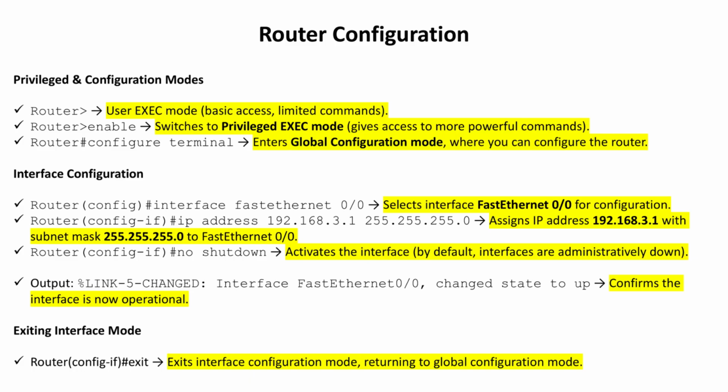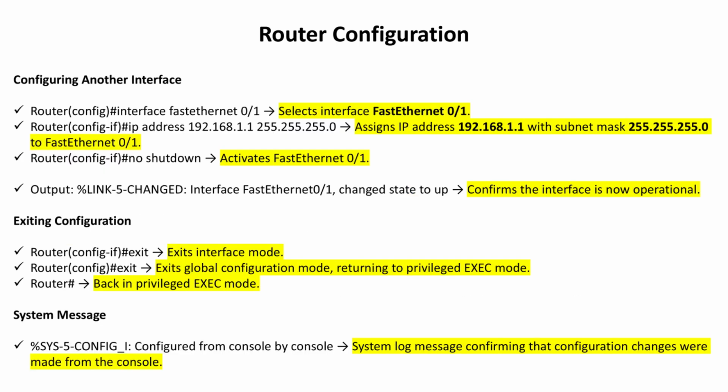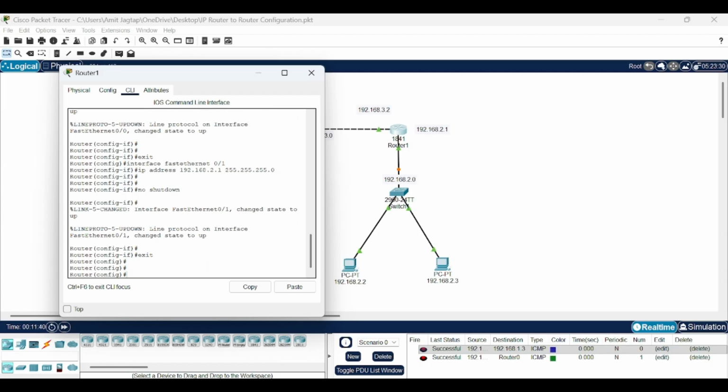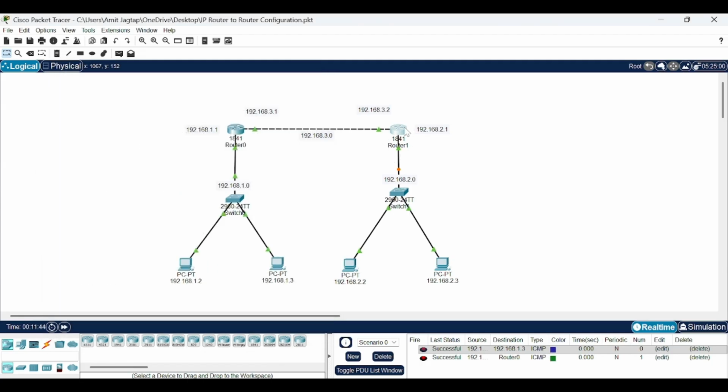We are sharing all the commands that we use to configure the router 0 port. You can take a screenshot for your reference. All the ports are now configured in the router.